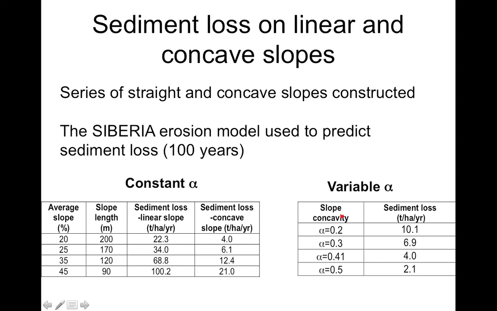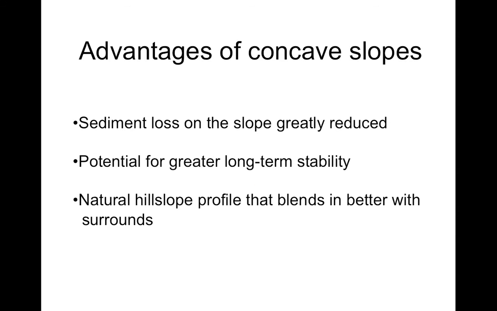Right, so even though, in this case here, we have the steepest slopes of all these cases, the steepest slopes at the top of the hill, we get the lowest total sediment transport rates after 100 years. So concave slopes are good compared to linear slopes. So why would you build berm and bench slopes? Well, often the engineers argue in favour of them.